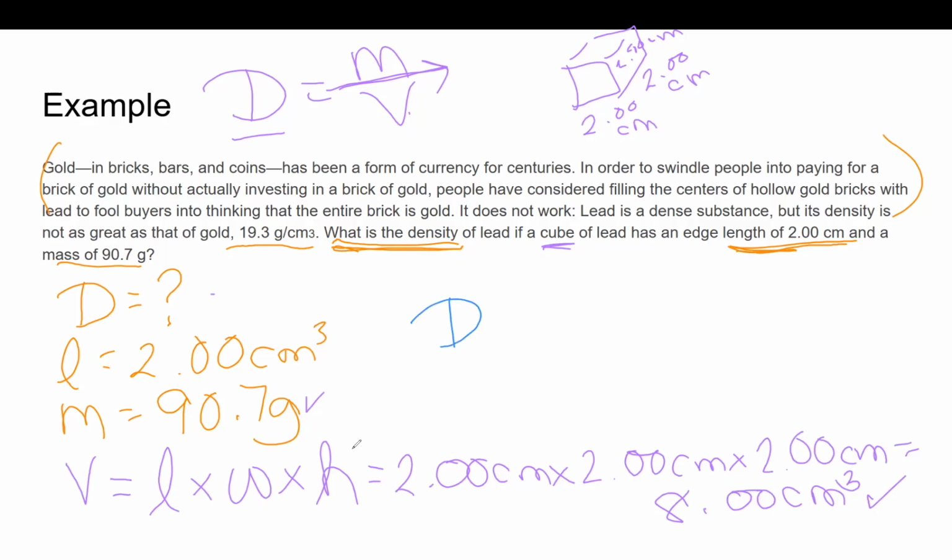Now we can solve for density. So our density is our mass, which is right here, 90.7 grams over our volume, which is 8.00 centimeters cubed.